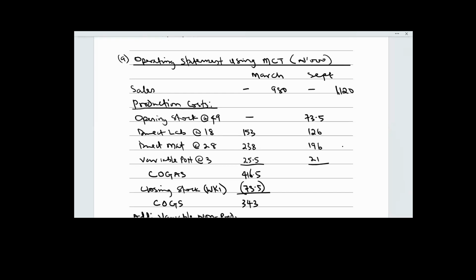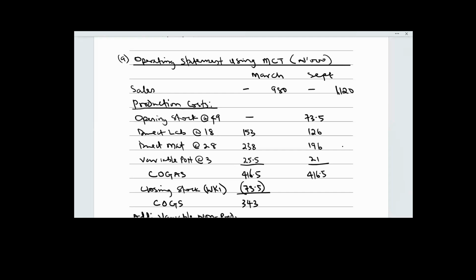So 21. Add it up. 416.5. It's just by coincidence that the cost of goods available for sale of the two periods are equal. It's by coincidence.